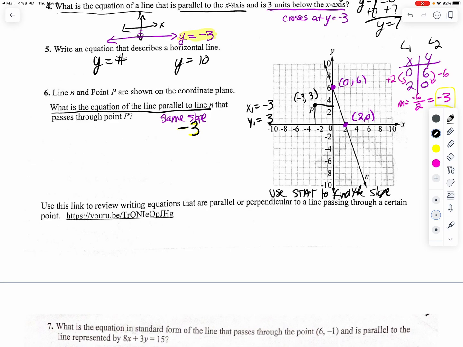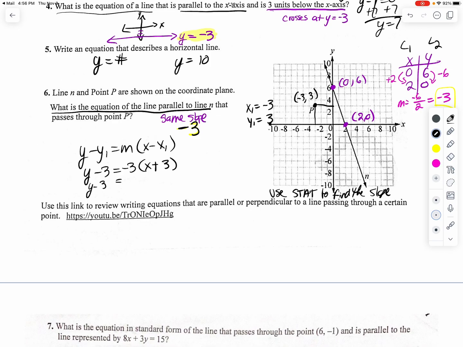Since we have our slope and our point, we can plug this into point slope. So y minus y1 equals m times x minus x1. So this would be y minus 3 equals -3 times x minus, or plus, because it's a double negative there, 3. Do some distributing here.